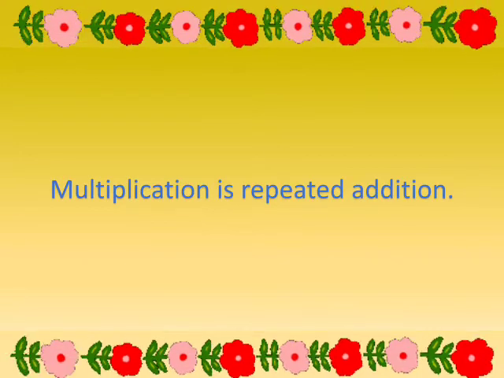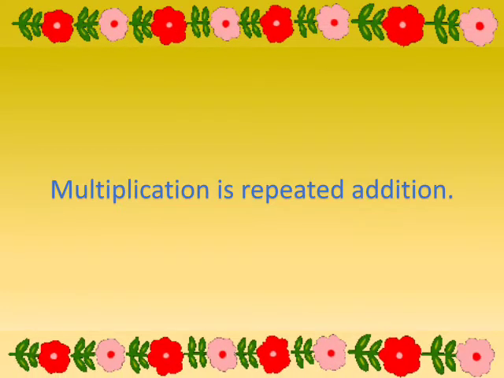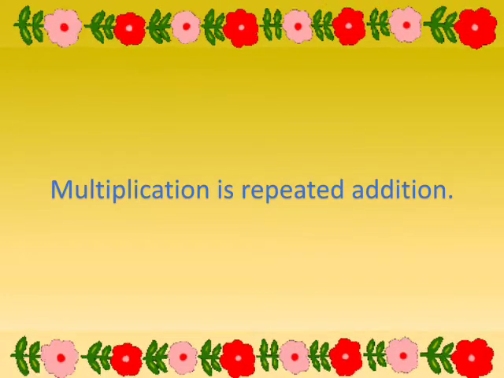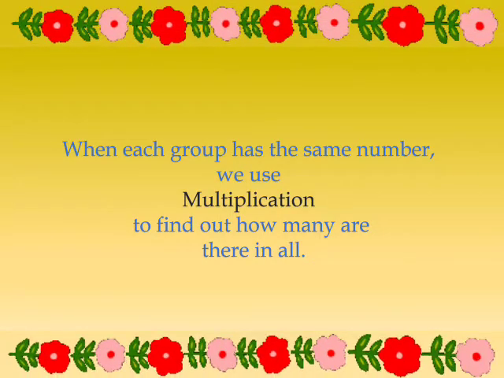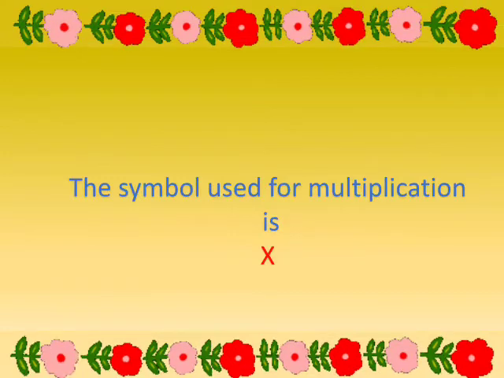So, children, when we have to add the same number many times, it is better to use multiplication instead of adding it many times. When each group has the same number, we use multiplication to find out how many there are in all. The symbol used for multiplication is a cross.